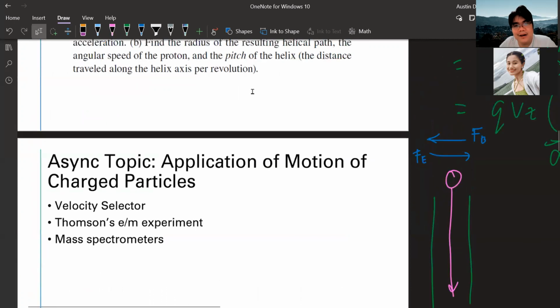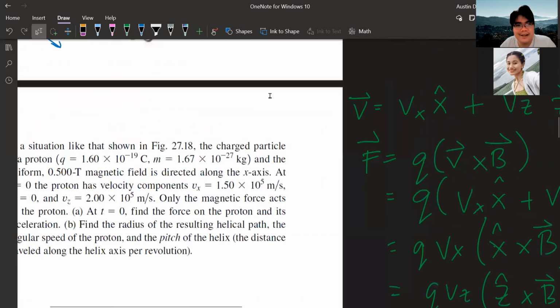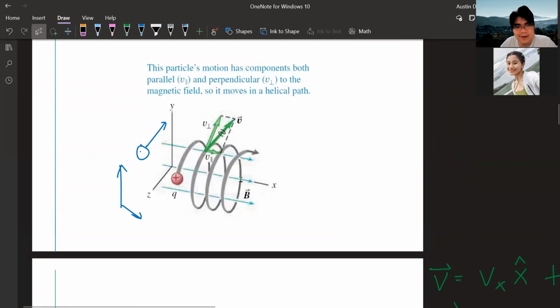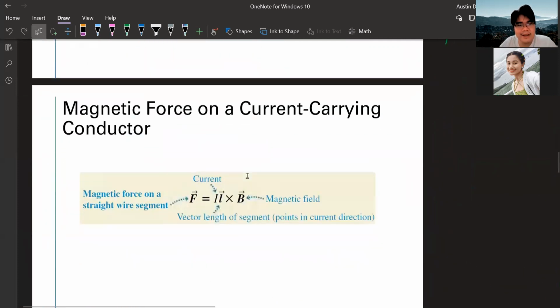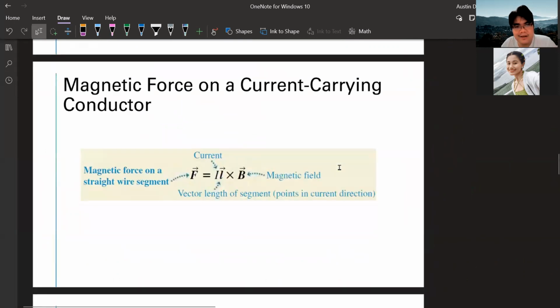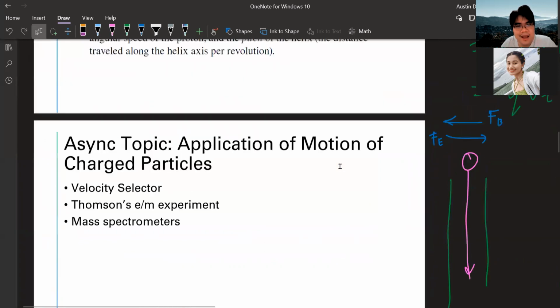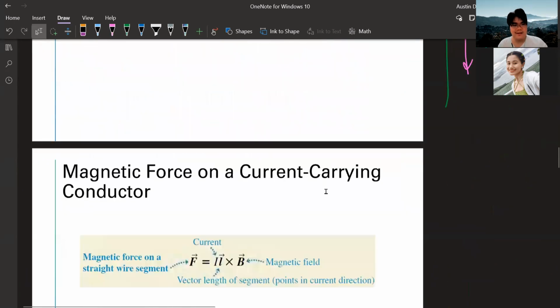Okay. Now, we have moving charges and we have forces, right? So if you have a moving charge, you have a force. And that implies that if you have a current, there must be a force acting on that current. Because isn't a current just a line of charges that is moving?